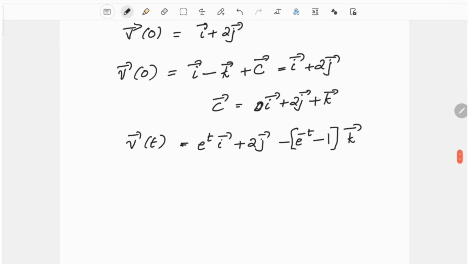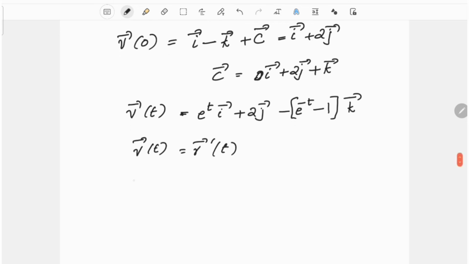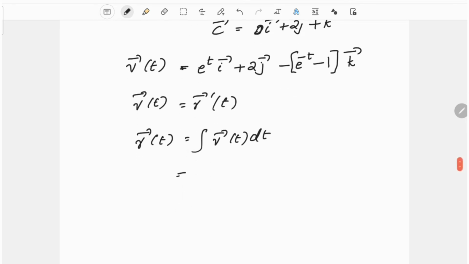And we know that v(t) is equal to r'(t). So to obtain our vector r(t), we integrate v(t) with respect to t. So vector r(t) is equal to the integral of v(t) dt, or that is equal to the integral of e^t i + 2j + (-e^(-t) + 1) k dt.